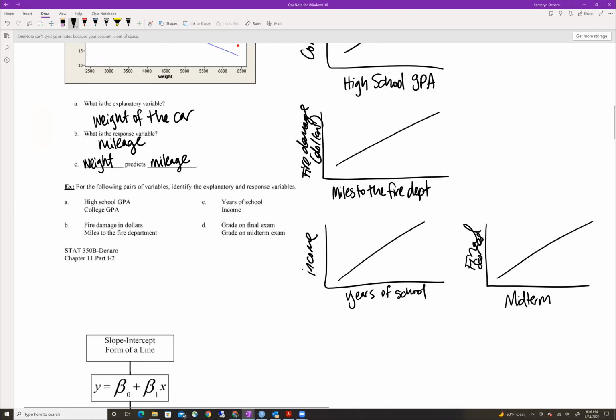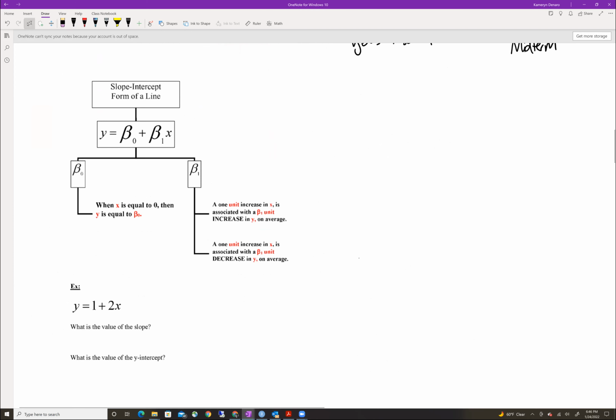All right, so in statistics, we have a slope-intercept form of a line where y equals beta 0 plus beta 1x. Beta 0 is the intercept and beta 1 is the associated slope. So back in the day, you probably did something like y equals mx plus b, right, in your algebra courses.